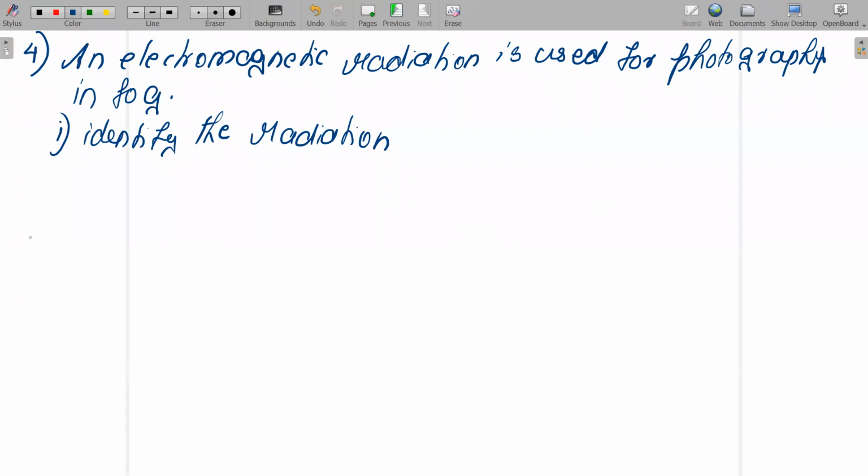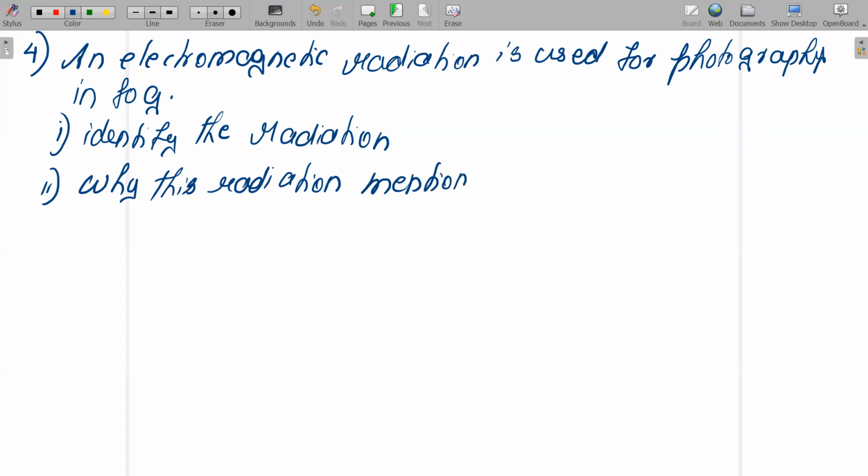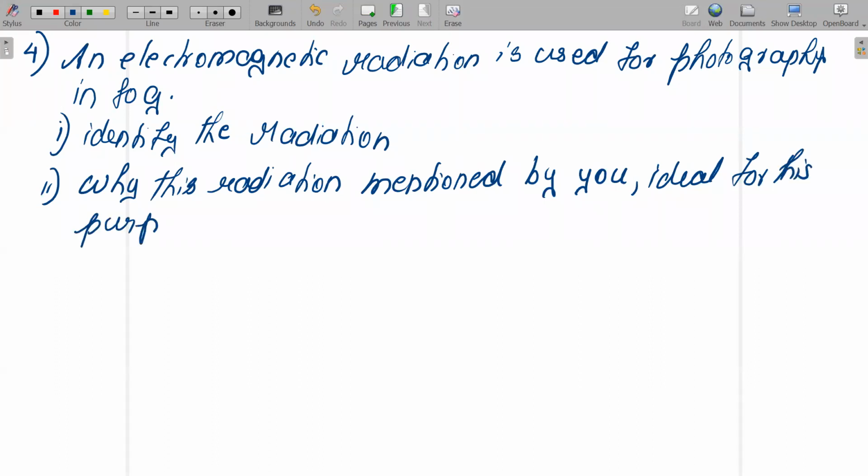Identify the radiation. Question 2. Why is the radiation mentioned by you ideal for this purpose? Which is this electromagnetic radiation, children? See how you understood it is infrared.